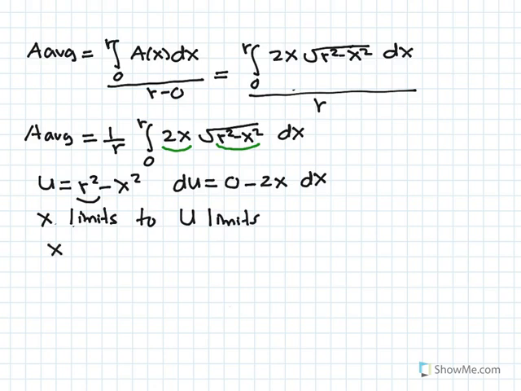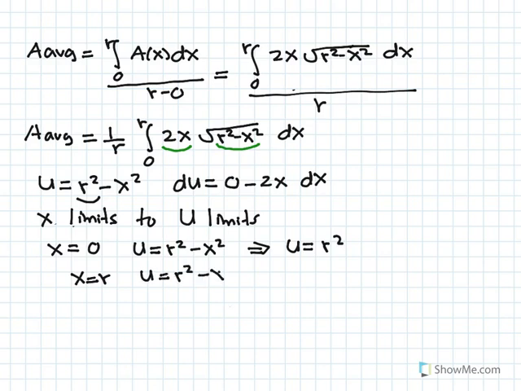So x equals 0, plug it into your substitution, u is equal to r squared minus x squared, and we get u is equal to r squared. x equals r, plug it into u is equal to r squared minus x squared, and we get u is equal to 0. So the integral becomes A average is equal to 1 over r.